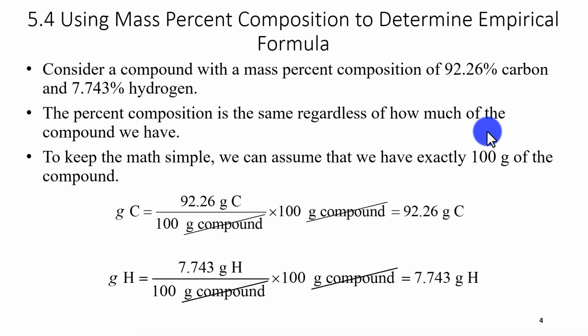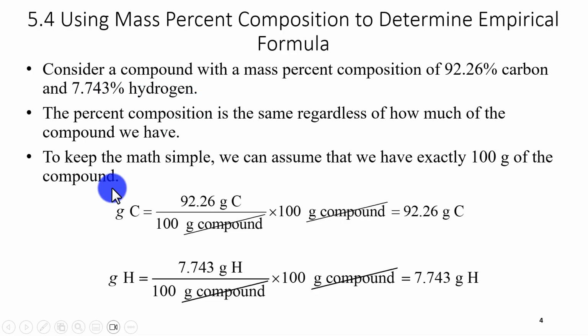Those elements combine in specific ratios to give us the formula of a compound. And it doesn't matter how much of the compound I have in mass, the mass percent composition will always be the same.